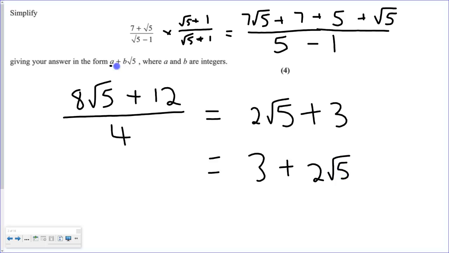So I've got it in the form that I was asked to, and also a and b are both integers. If you look at what you had here with the fraction, that's not good enough for this form, so you need to make sure that you've divided through by the 4. Also, make sure you divide both terms by the 4. Don't just divide the 8 by the 4, make sure you divide the 12 by the 4 as well.